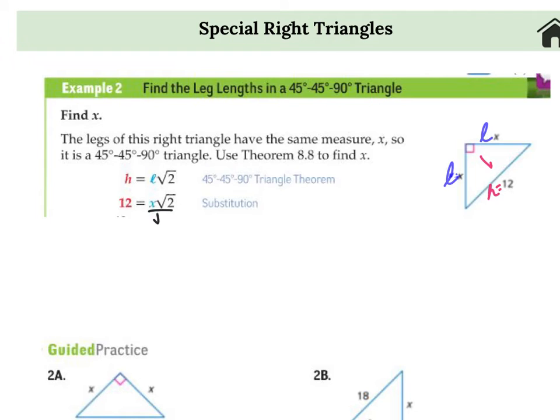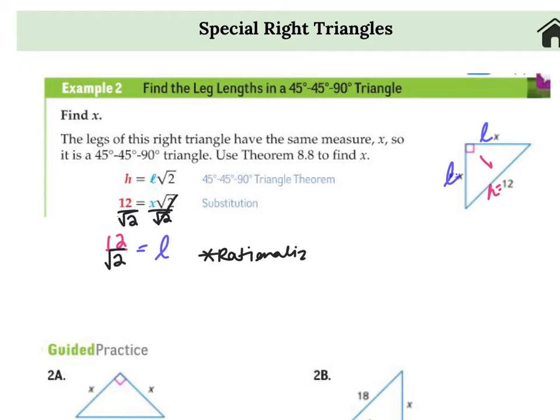We have to divide by our radical, so we can cancel this out. That's going to leave us with x, or our leg, being 12 over square root of 2. Now here's the thing that might seem a little new. You should have learned in Algebra 2 how to do something called rationalizing your denominator.